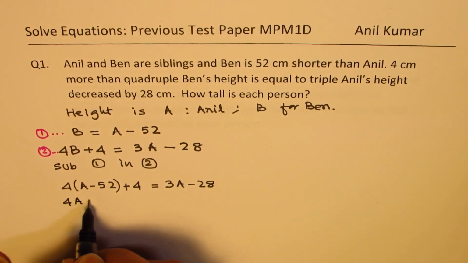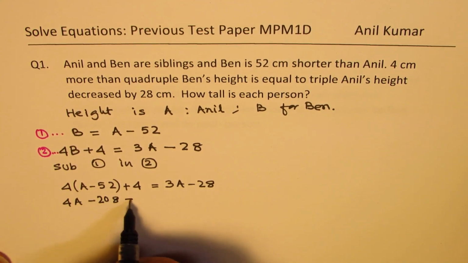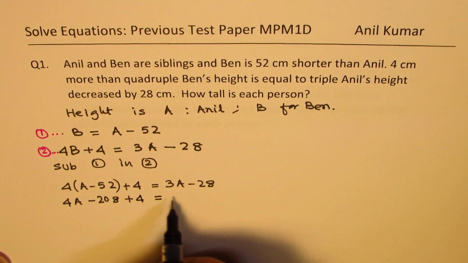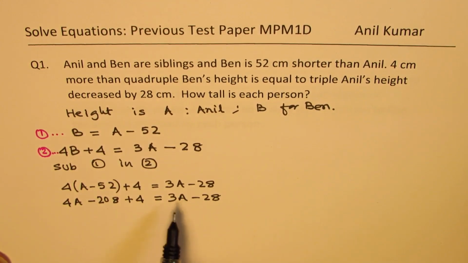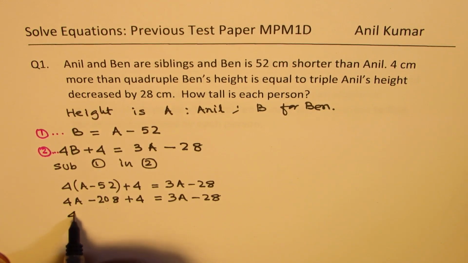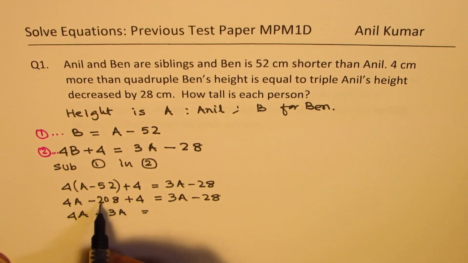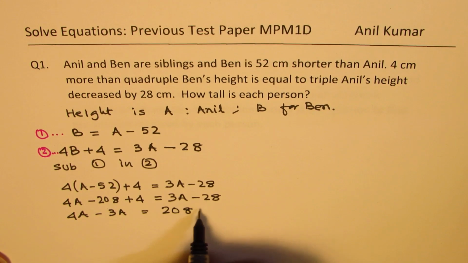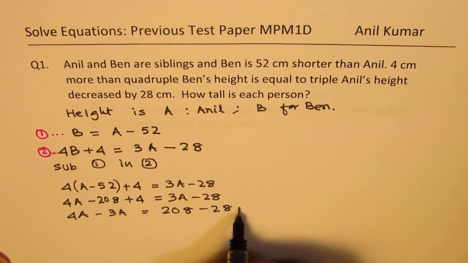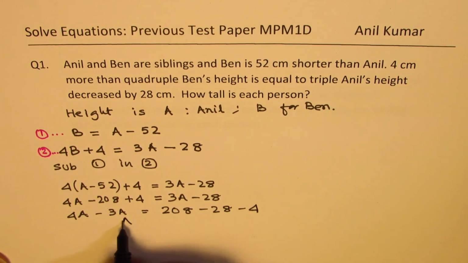So we get 4A minus 4 times 52, which is 208, plus 4 equals 3A minus 28. Bringing the A's together, 4A minus 3A equals the numbers on the other side. So we get 208 on this side with a positive sign. We have minus 28 and minus 4. Right. 4A minus 3A is A.